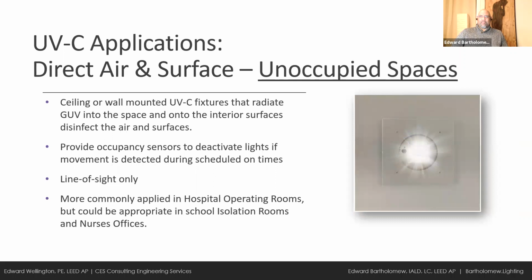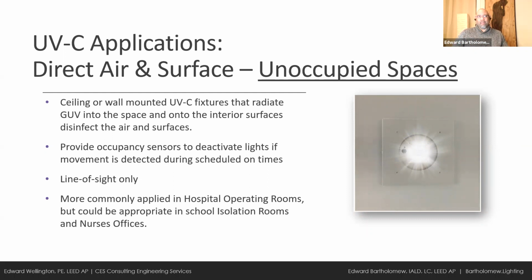And then we look at UVC in unoccupied spaces. Here we're applying a strong dose of UVC during unoccupied times at night, where you want to deactivate viruses in the air and on the surfaces below. You can put in ceiling mounted panels or wall mounted panels that can run for a certain dosage, a certain time.